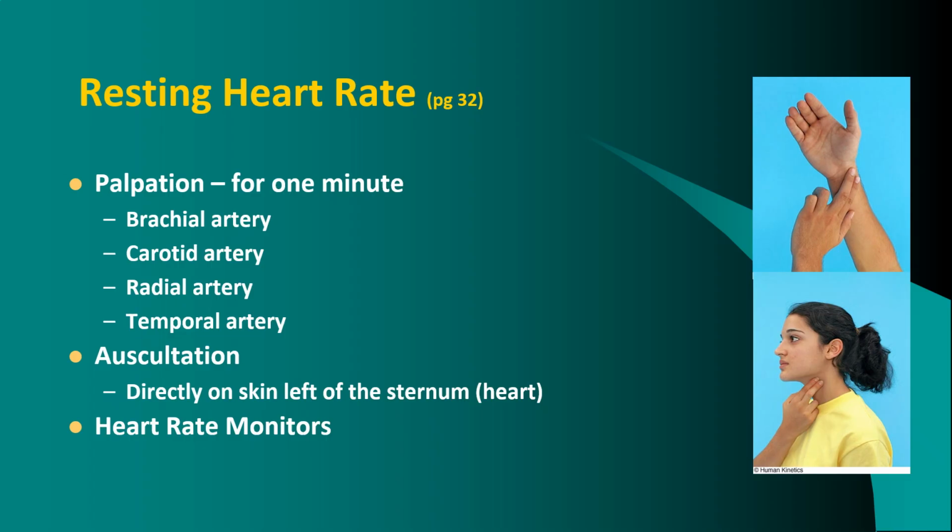As the client becomes in better shape, the fitness level improves, and the heart muscle improves, we will see resting heart rate decrease. So that is a simple way to see progress or improvements in cardiovascular function.